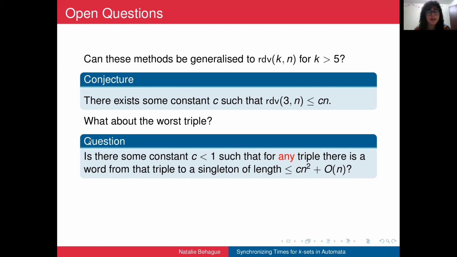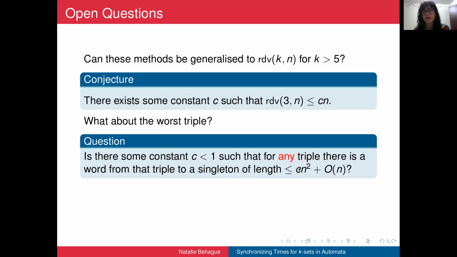So the question is, is there some constant less than 1 such that for any triple there is a word from that triple to a singleton of length at most that constant times n squared. I've specified that we want the constant to be less than 1, because just applying Frankel-Pin twice would give you a constant of 1 here.